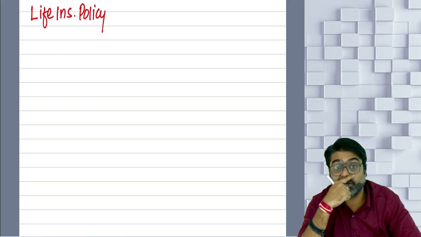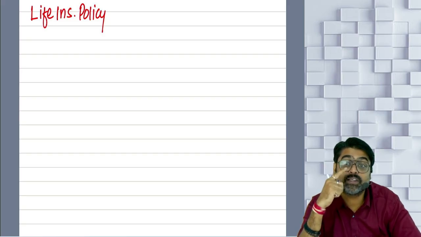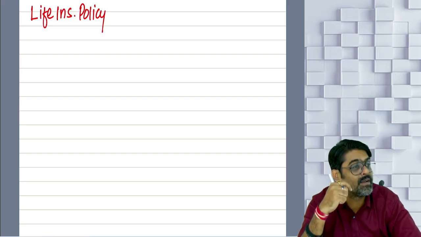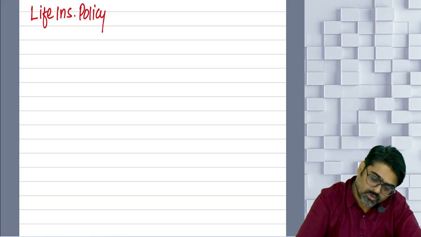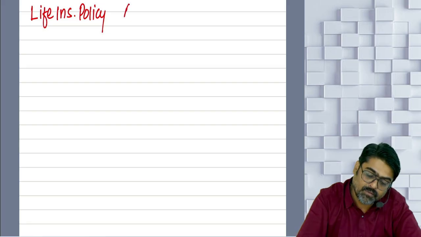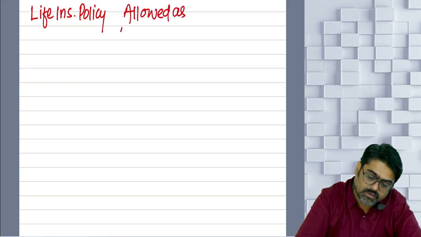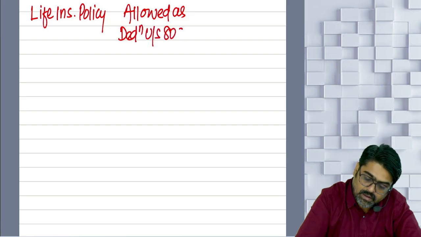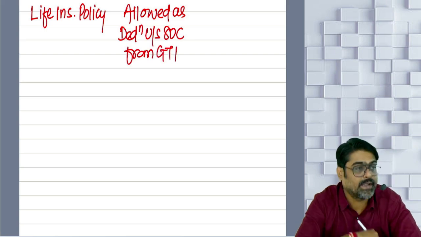It will be allowed as a deduction under section 80C from GTI. So life insurance policy premium is paid. Yes or no? That premium paid will be allowed as deduction under section 80C from your GTI.